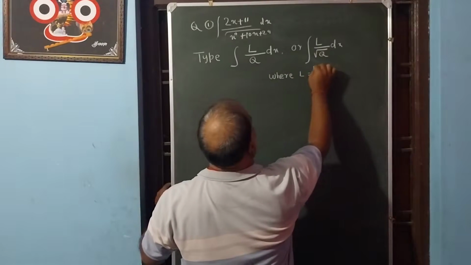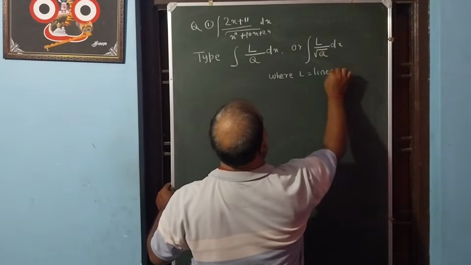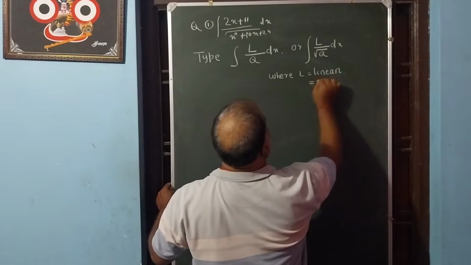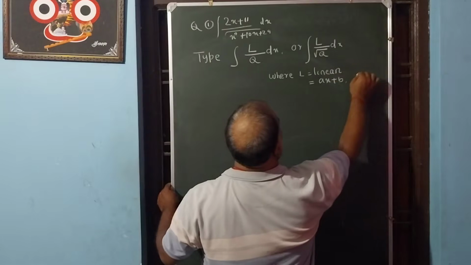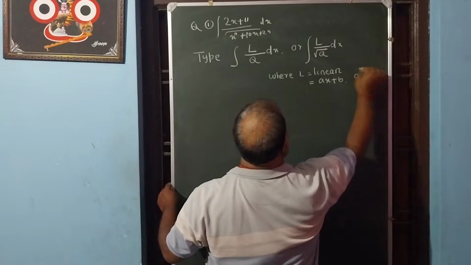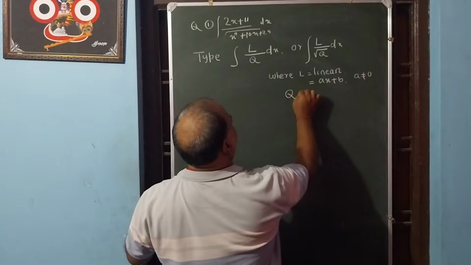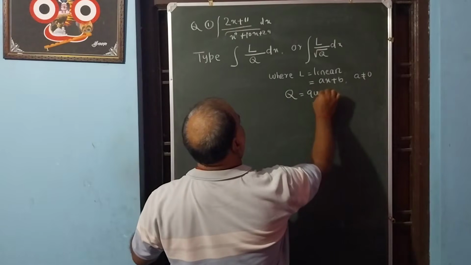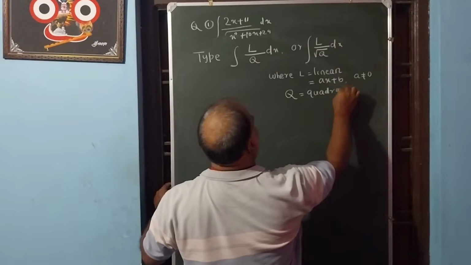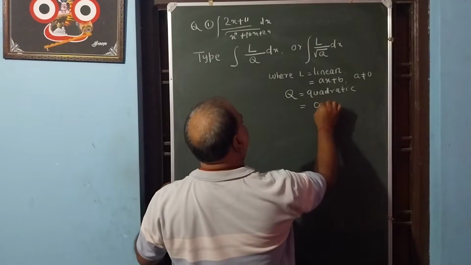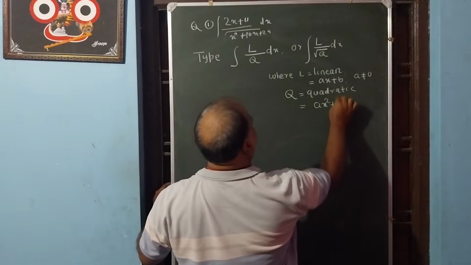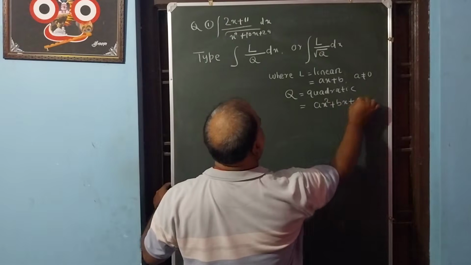Linear means ax plus b, where a is not equal to 0. Q means quadratic, that is, it is in the form of ax square plus bx plus c.